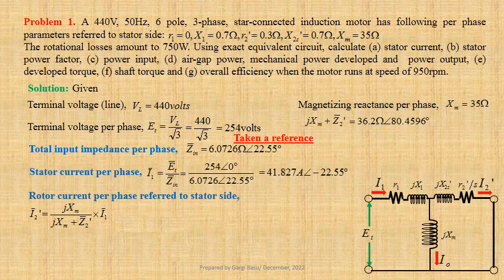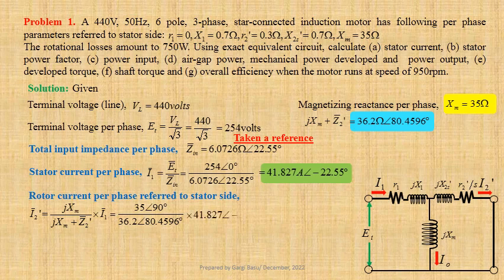Using values we get 35 at an angle 90 degree divided by 36.2 at an angle 80.4596 degree into 41.827 at an angle minus 22.55 degree. That gives us 40.44 ampere at an angle minus 13 degree.